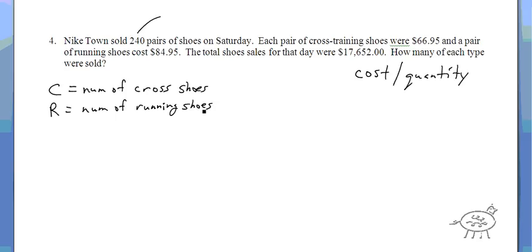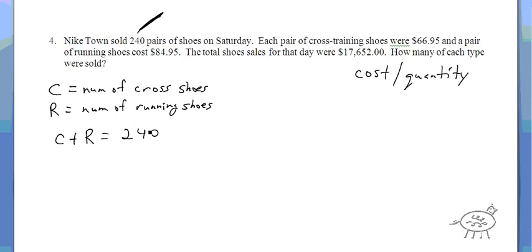Okay, there's our variables defined. And then our first equation, again, we're going to use this 240 right here. If that's the total number of shoes that we sold, it's going to be C plus R is equal to 240. That's the easiest equation to come up with.